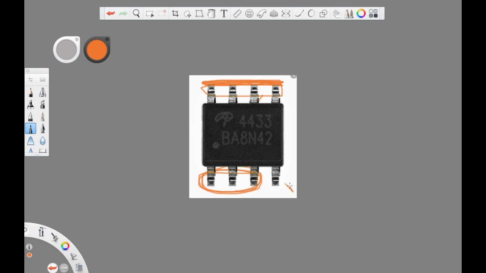And here are the gates. This is the gate telling this power whether to pass on this side or not. I hope you understand the whole thing.